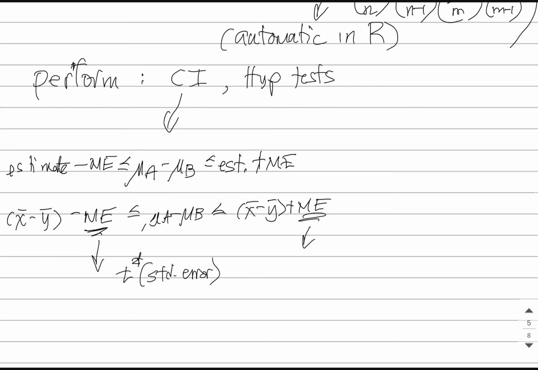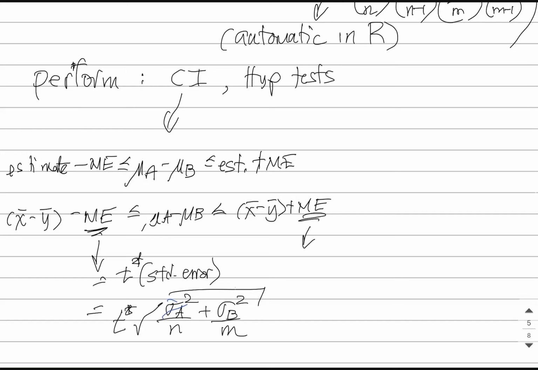So the standard error turns out to be, by definition, the square root of the sample variance for this estimator. So it will turn out to be that quantity that I wrote down a little bit earlier. It'll be sigma A squared over N, plus sigma B squared over M. That'll end up being the standard error.